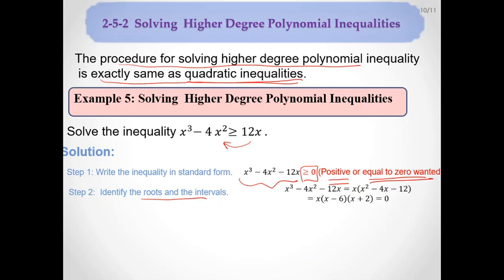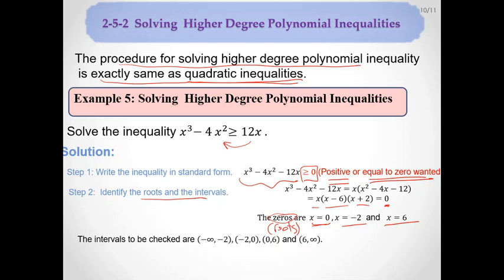You can do the factoring and you will get these factors, and this gives you the roots, the roots or zeros here: 0, negative 2, 6. So zeros, when we say zeros, we mean the values making this 0. And then the intervals are checked.